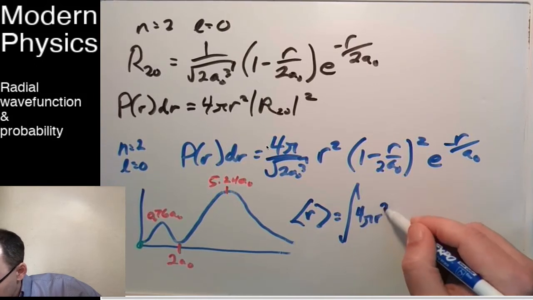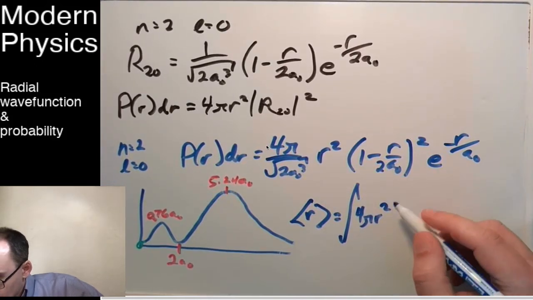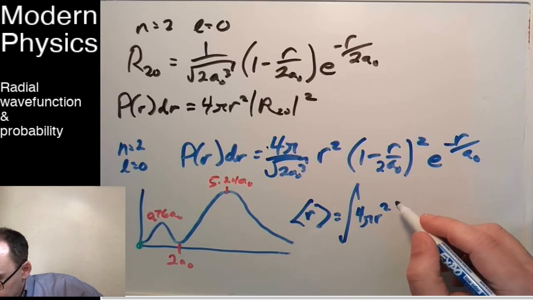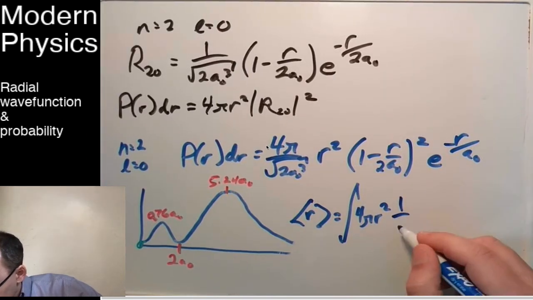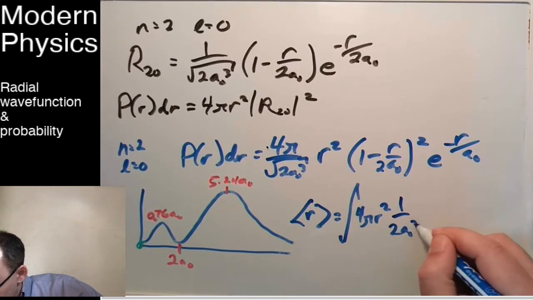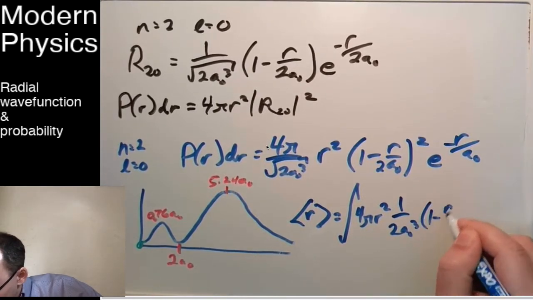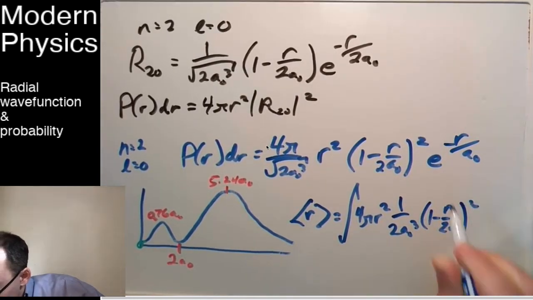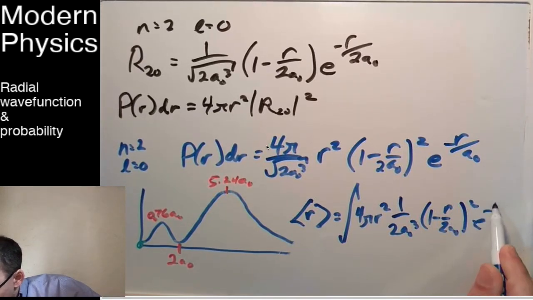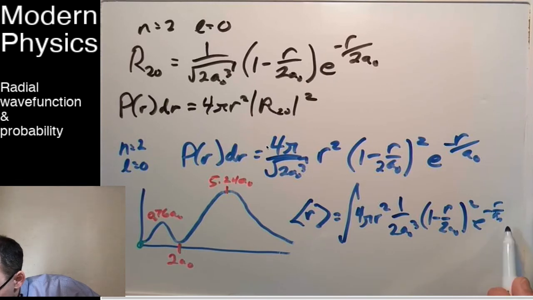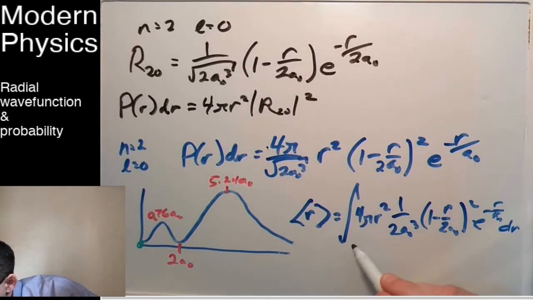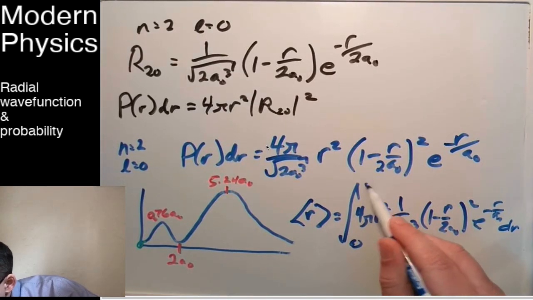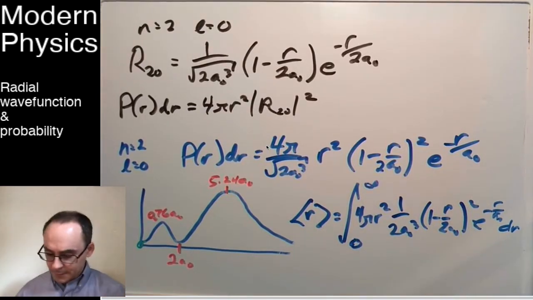So we're going to have 4 pi r squared, 1 over 2 a naught cubed, 1 minus r over 2 a naught squared, e to the minus r over a naught. Got rid of the 2 because I squared it. And then I integrate that over r from 0 to infinity.